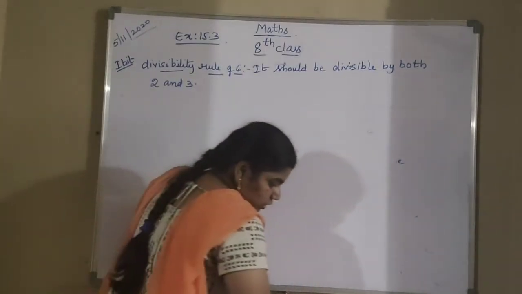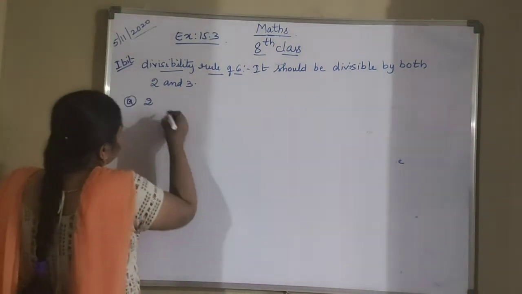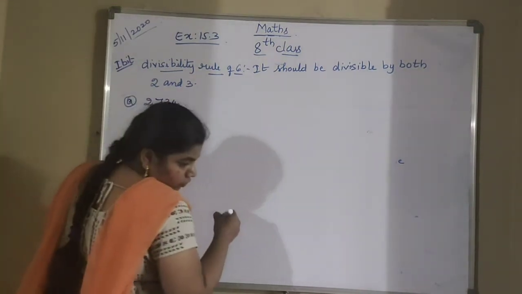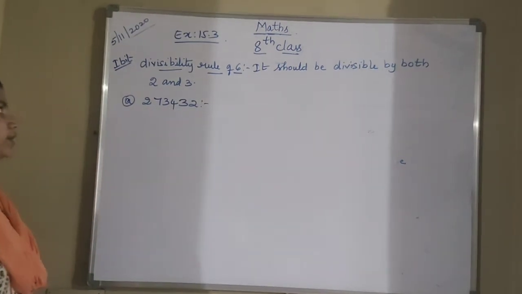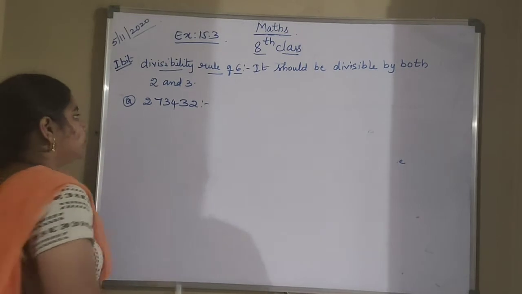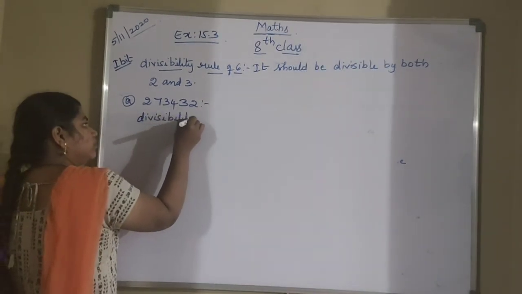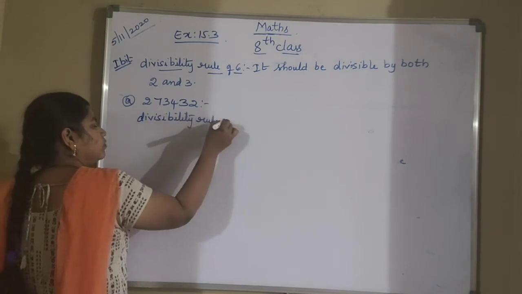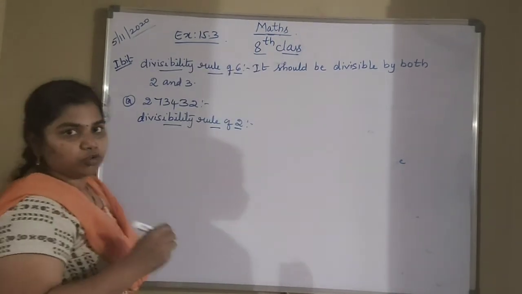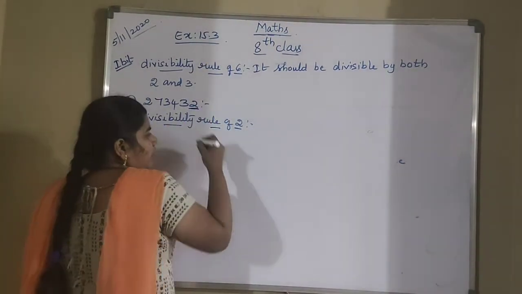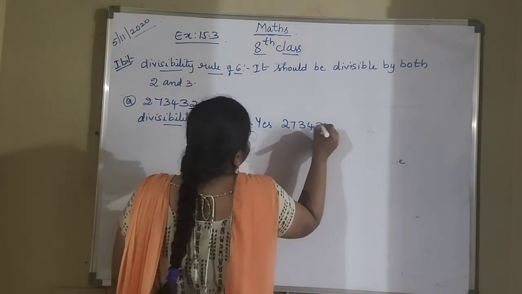So what is the first number? 273432. Whether it is divisible by 2 and 3 we will see. First the divisibility rule of 2. The last digit should be an even number. So 2 is an even number.